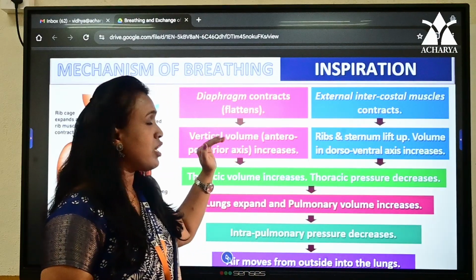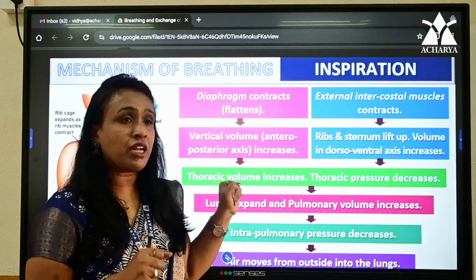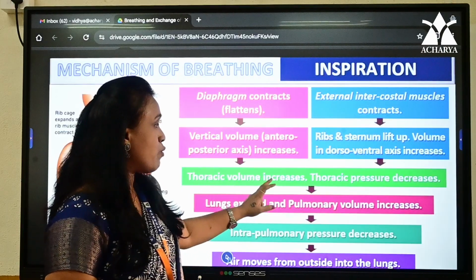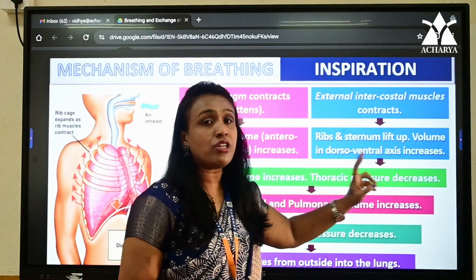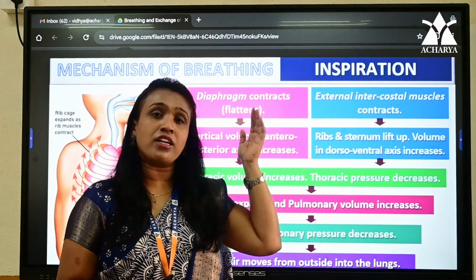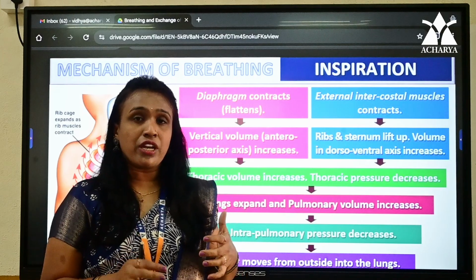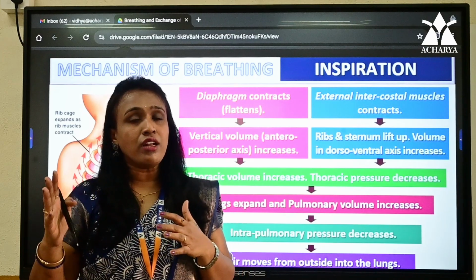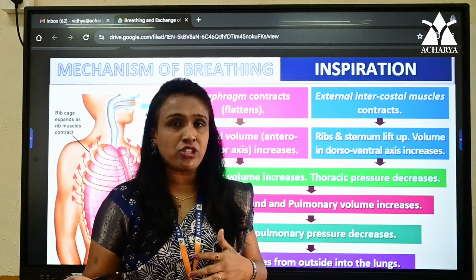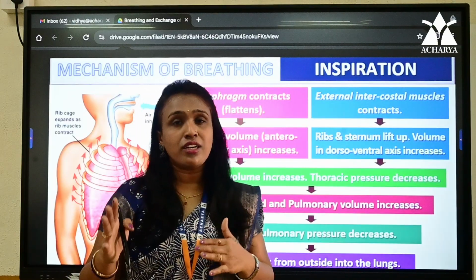So the volume in these 2 locations is increasing, thereby the thoracic volume increases and the thoracic pressure decreases. As a result, from the higher pressure area, that is the atmosphere, the air rushes into the lungs, which is a very low, negative pressure area. That's why human lungs are called negative pressure lungs.